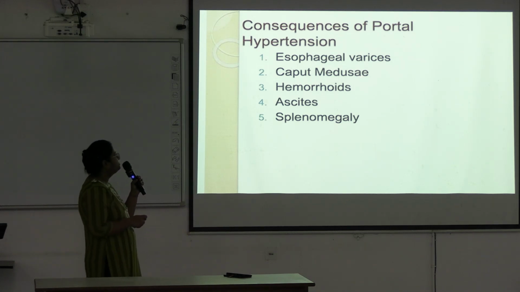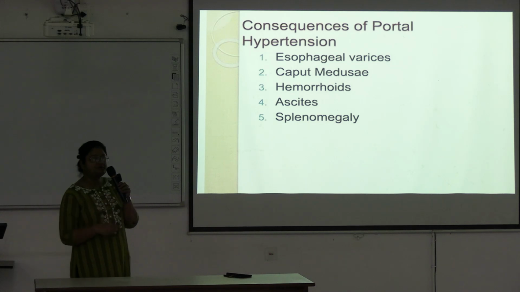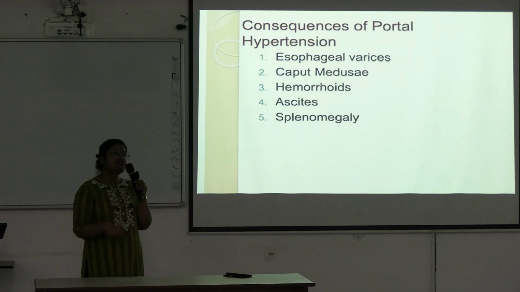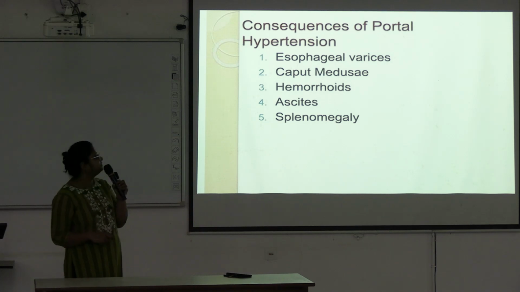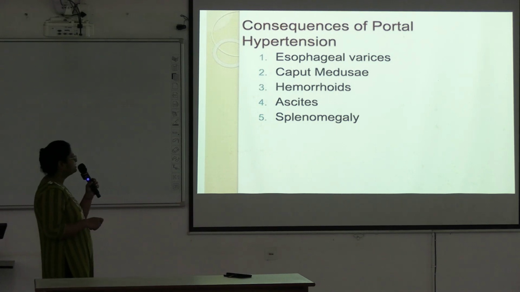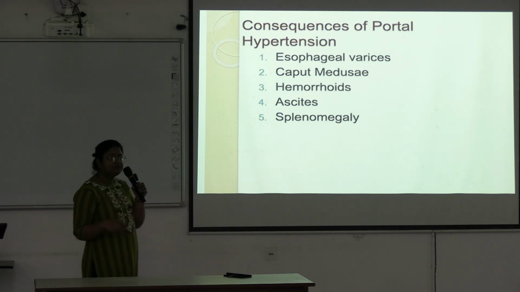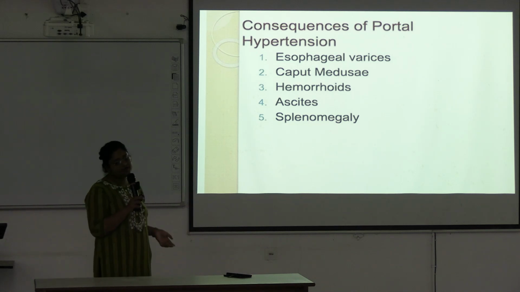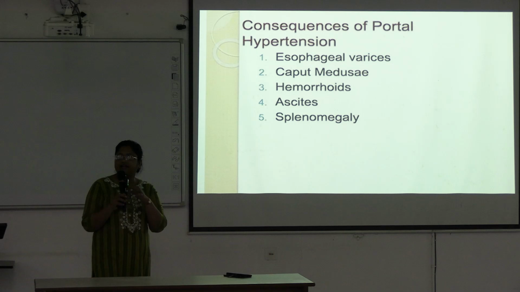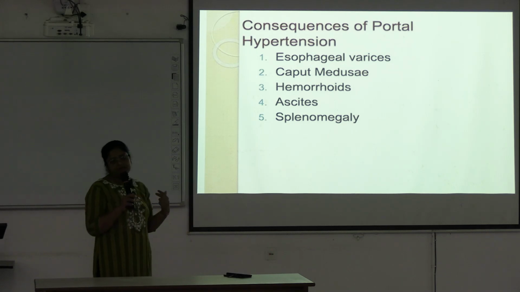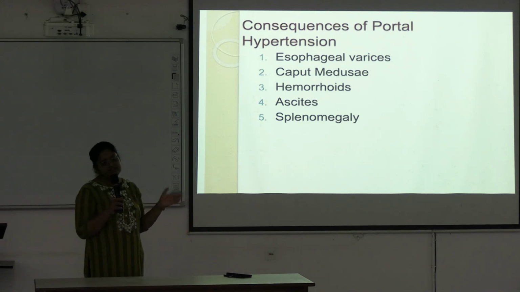Next is caput medusa. There is formation of tortuous venous structures around the umbilicus. That is known as caput medusa. We'll see pictures. Hemorrhoids. Hemorrhoids are piles. There are external hemorrhoids and internal hemorrhoids, lying around the anal canal. If it is above the Hilton's line, then it is an internal hemorrhoid.